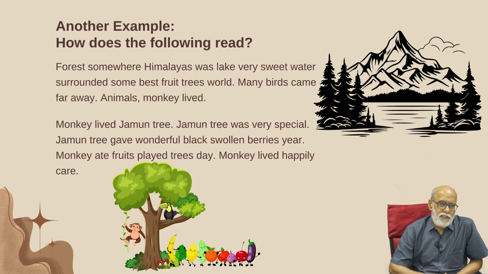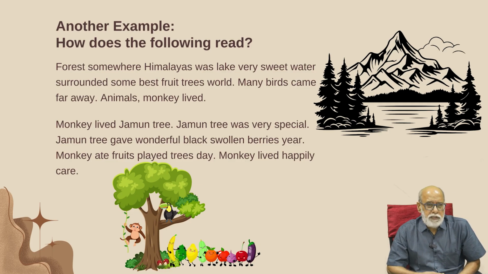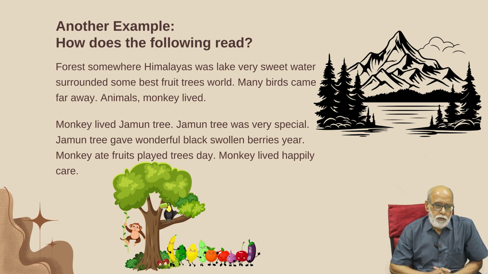We can say, well, it looks like the writer is talking about some place which has a lake, which has some trees, which is near the Himalayas, but we are not sure. Next sentence is many birds came far away. How can birds come far away? They can go far away. How can they come far away? Animals, monkey, live. You know, we can somehow guess, but we are not sure. There is no clarity.